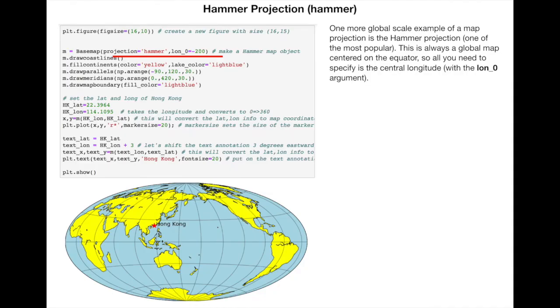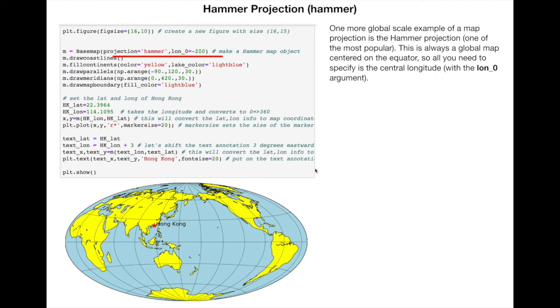Right. There's another popular projection that we use a lot in papers, publications, and presentations. It's called the hammer. The hammer projection is a compromise between the Mercator projection, which shows a very distorted polar region but has everything, and the orthographic projection, which is not distorted but only has half of the information, right?